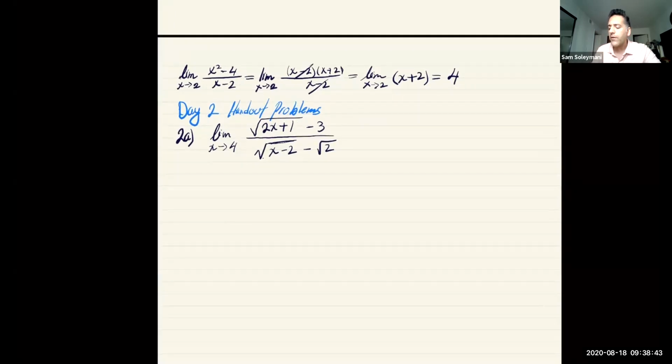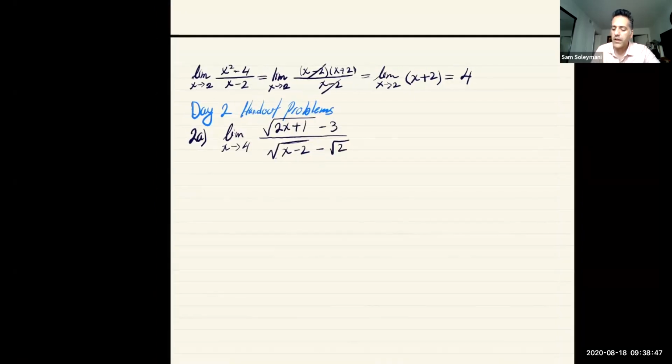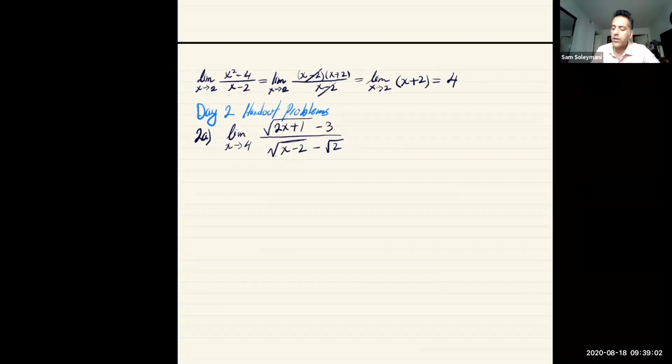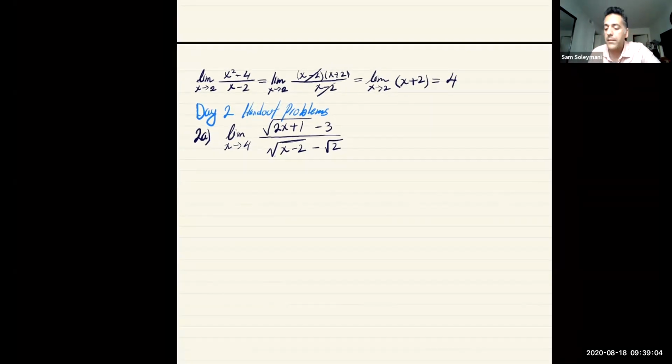Of course, these are roots. It's not like polynomials, right? So for roots, you can't factor. You do the opposite of factoring in order to find that 0 over 0 factor. Is it rationalize? Yeah, rationalize. Multiply by the conjugate, okay?